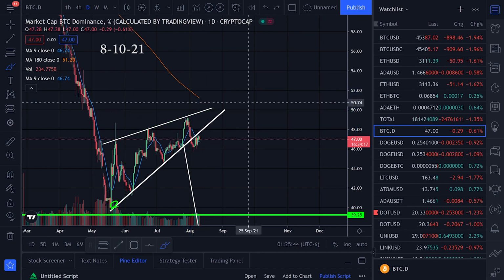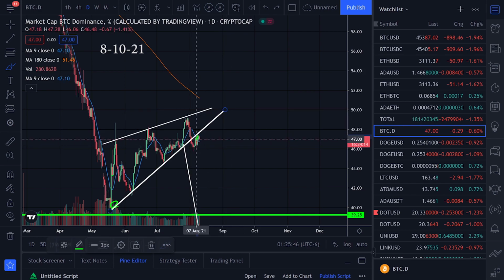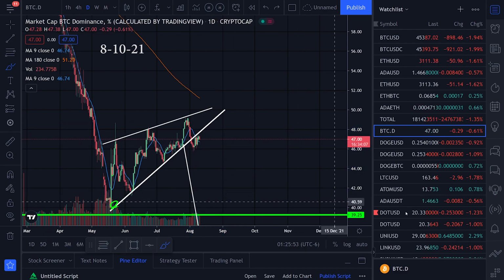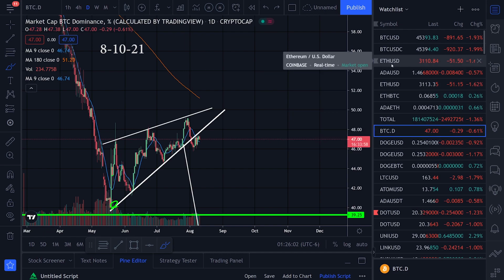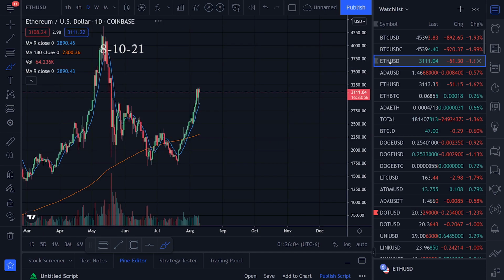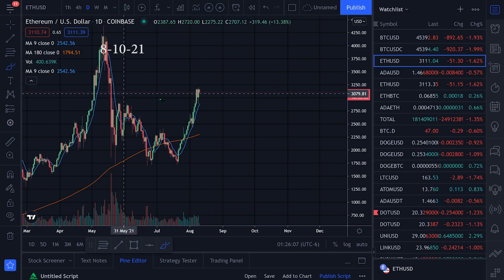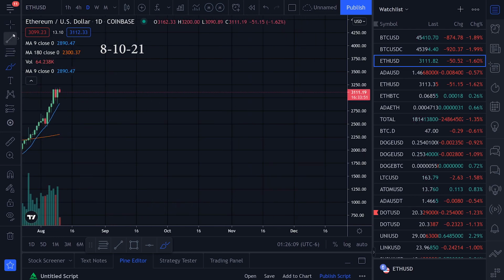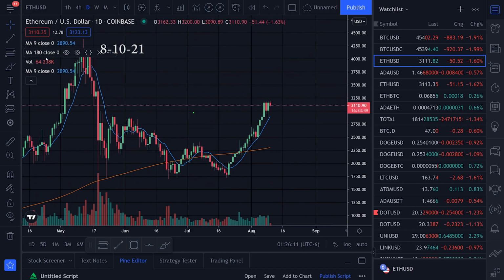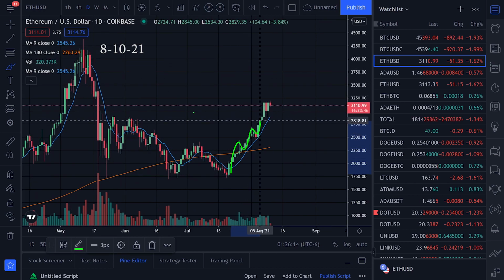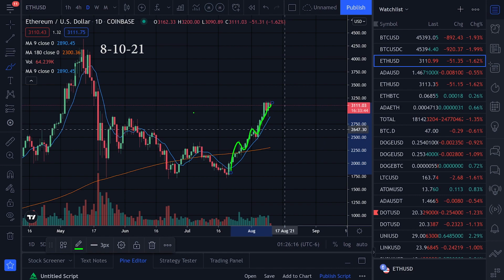But it looks like some of the altcoins might have a chance to keep running if the Bitcoin dominance keeps going down like this. And actually, Bitcoin is one of my top holdings, so I'm slightly biased for Bitcoin. But Ethereum looks like it's doing pretty much the best right now. It'd be nice to see an Ethereum dominance chart. So yeah, I don't know.